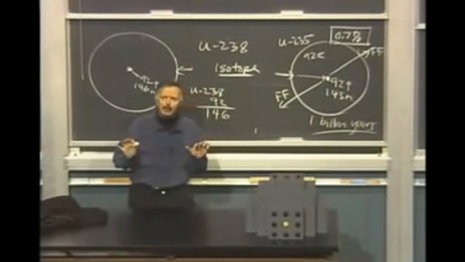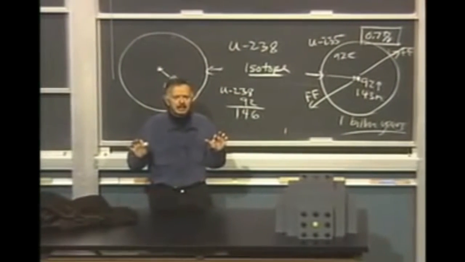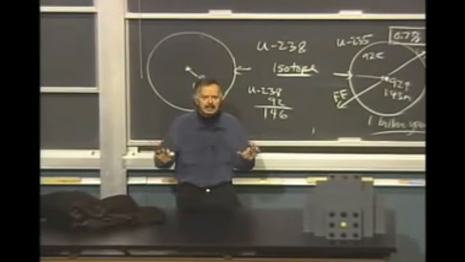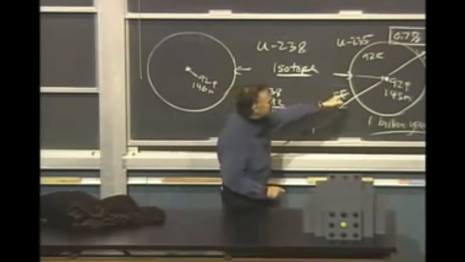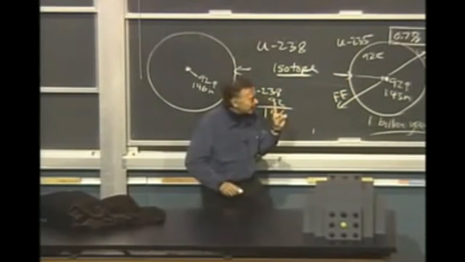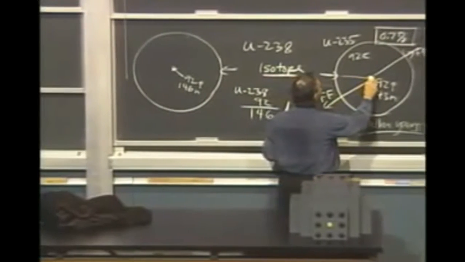Now, here's the discovery that makes this thing suddenly exciting, fearsome, dangerous, useful. Not only do you get two fission fragments coming about, but on average from the uranium, you get two neutrons coming out too.